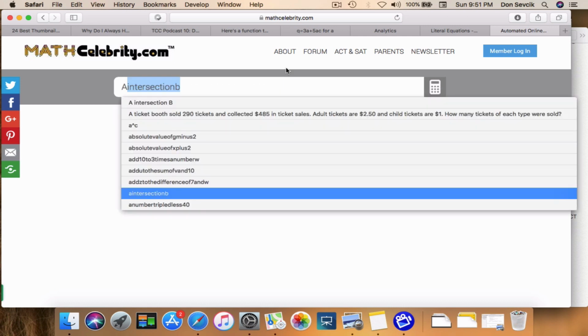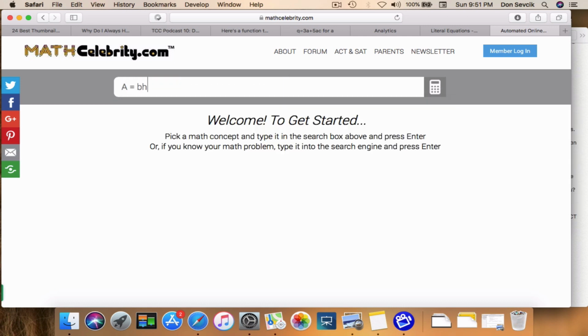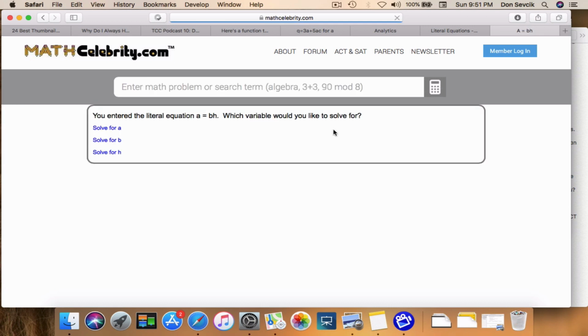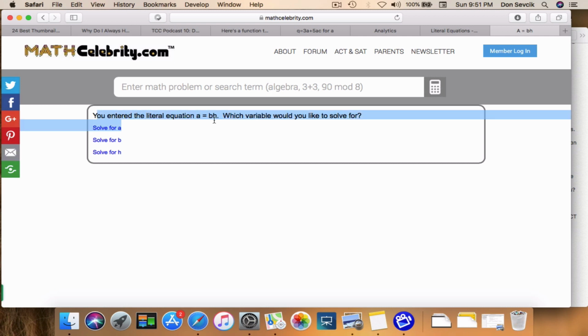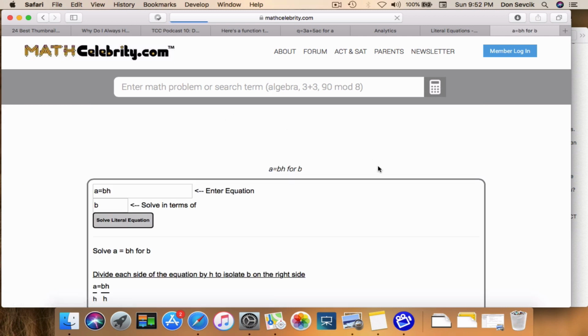So let's do the simple problem, A equals B times H. So we'll go ahead and click. Now, it's going to ask you, you entered the literal equation A equals BH. Which variable would you like to solve for? Well, in the problem in our slides, we chose B. So we'll go ahead and click B.